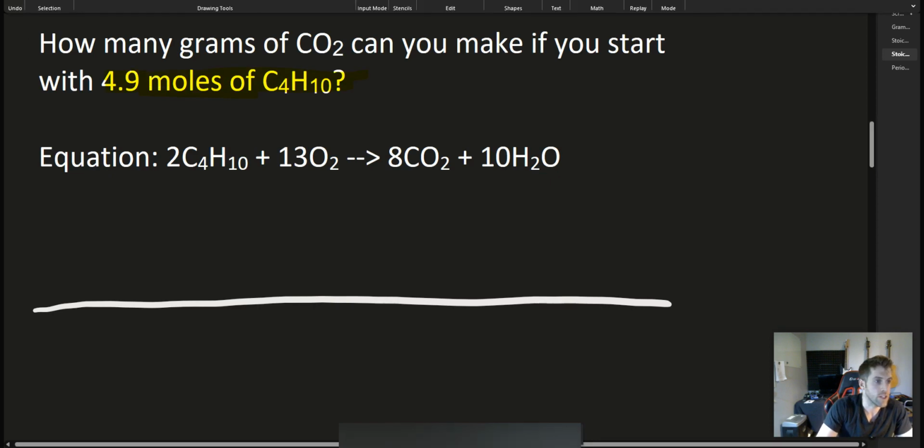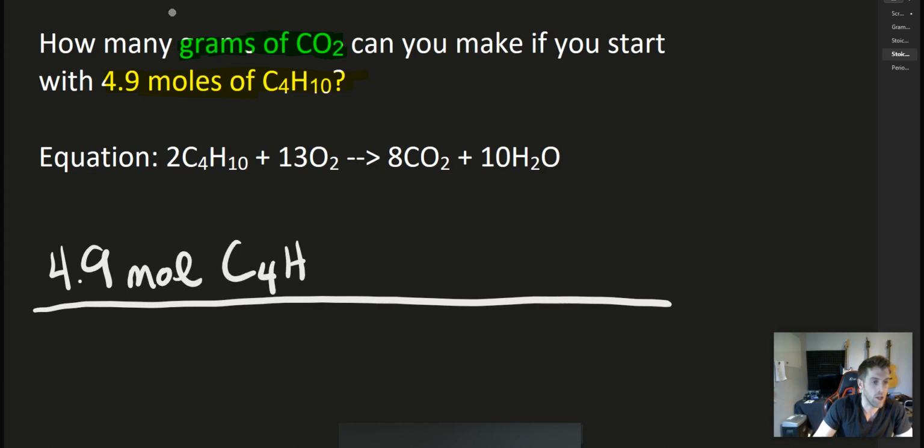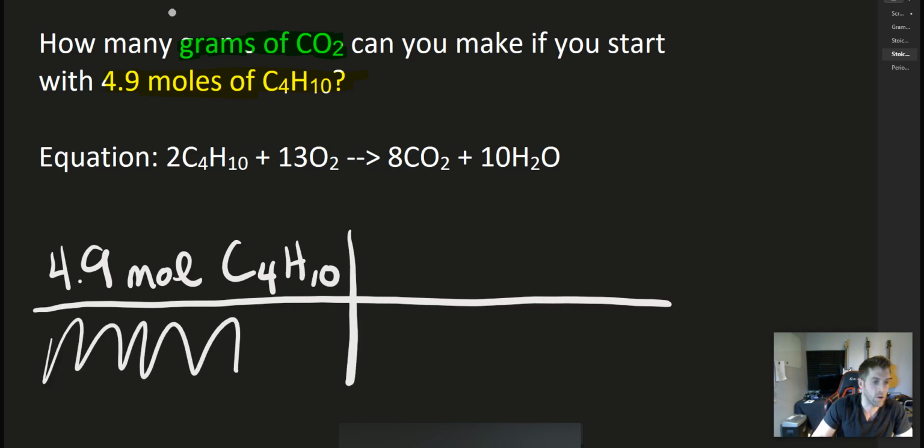We are trying to get grams of CO2. So we know that our first box is going to contain 4.9 mole of C4H10. Draw a line here. Nothing will go underneath this line.